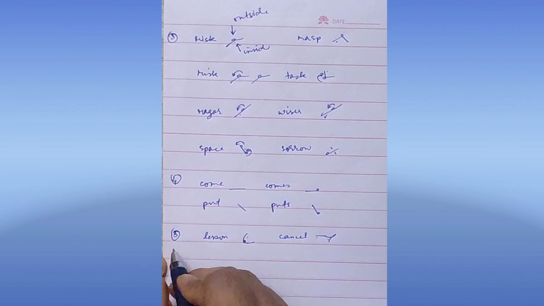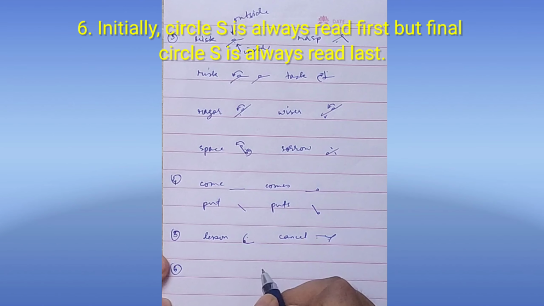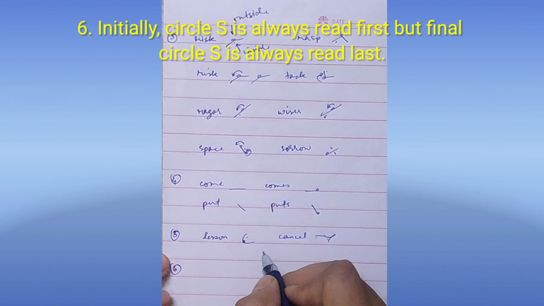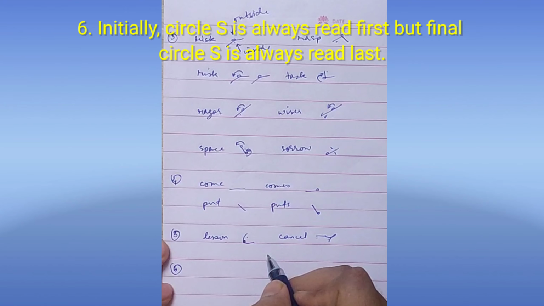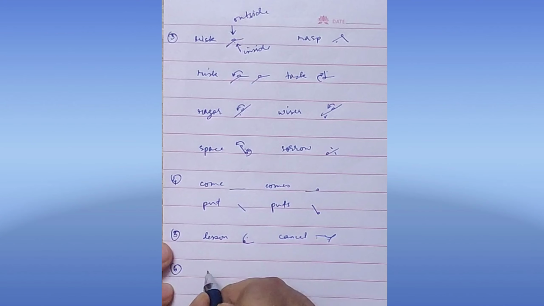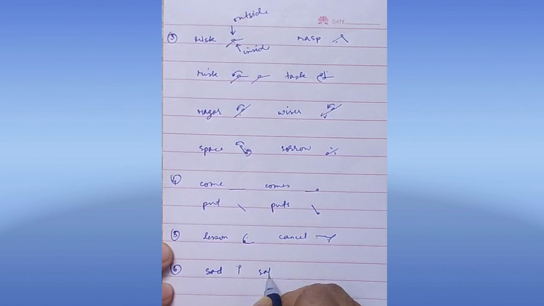For the last point, initially circle S is always read first, but final circle S is always read last. Means set, S-A-D, set, or save, or sing.